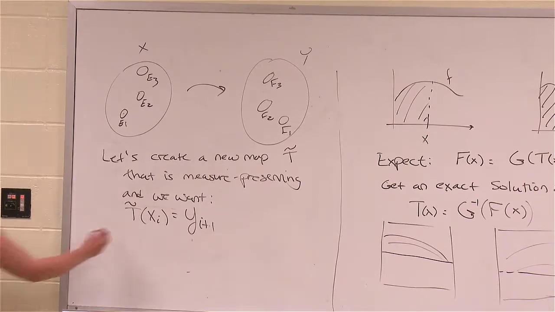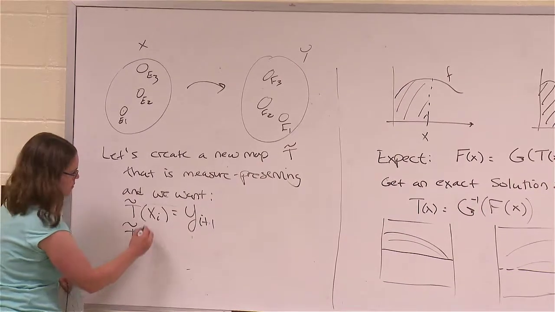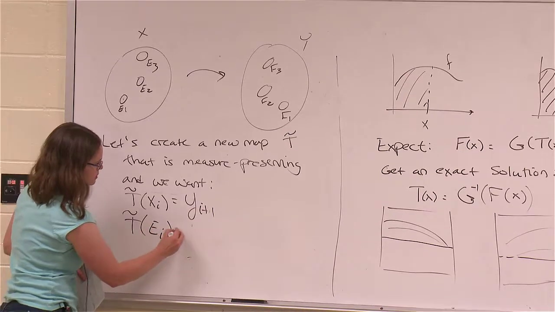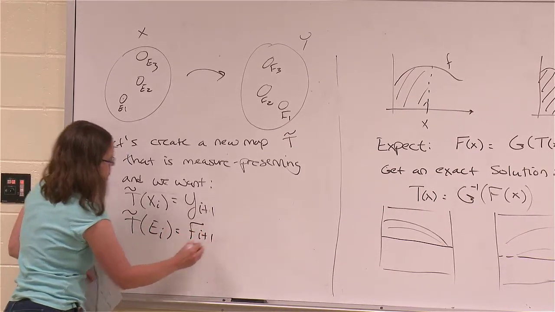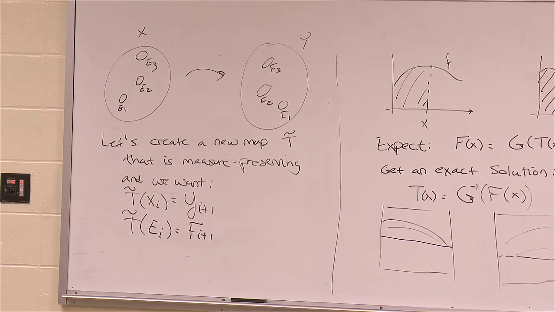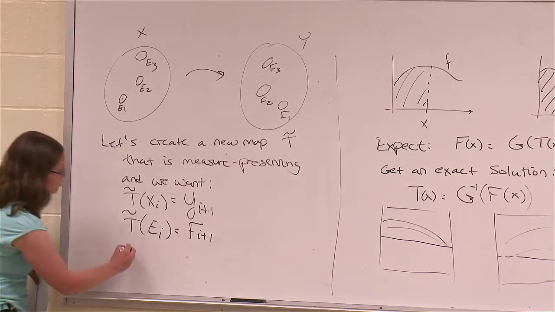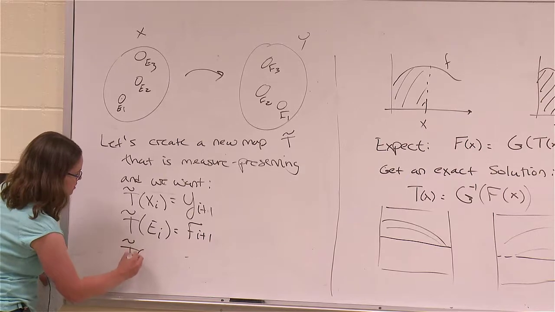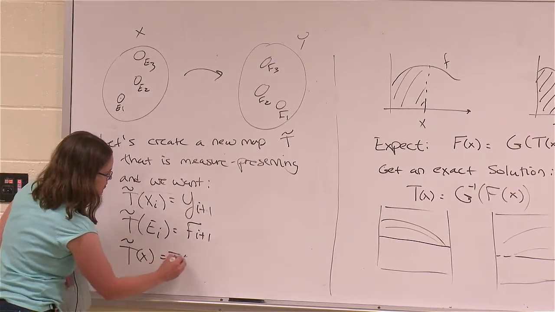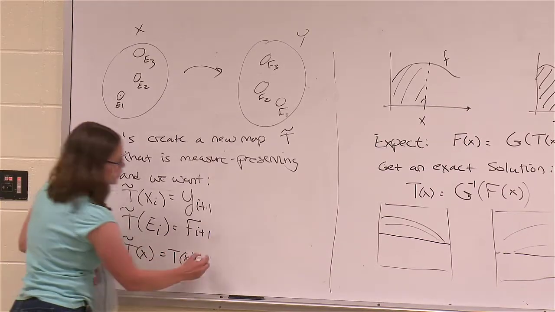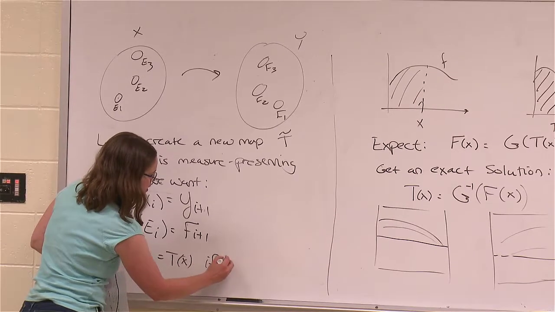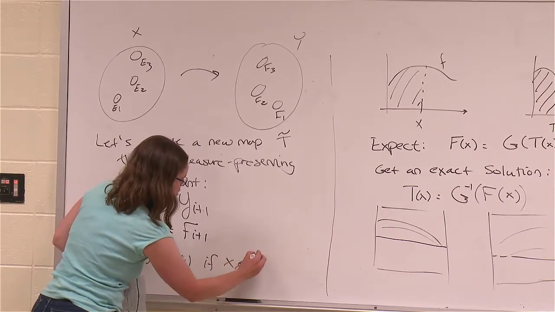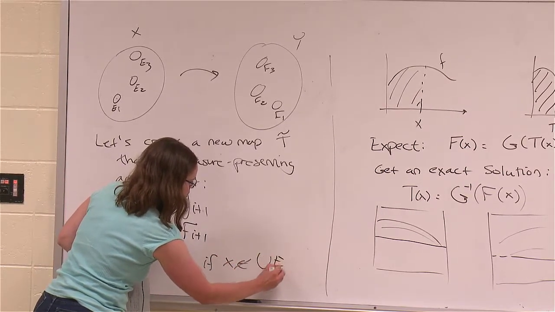The little sets also get permuted. Everywhere else we don't change things, so T tilde of x is equal to T of x if x does not belong to the union of all of these balls.